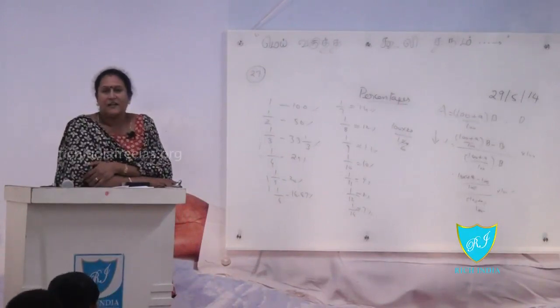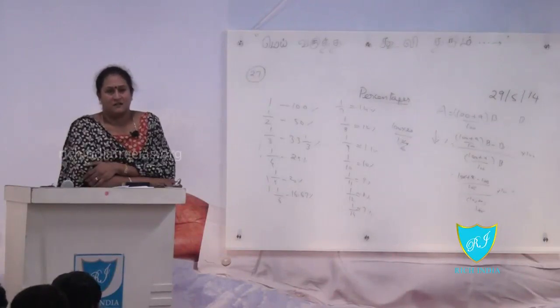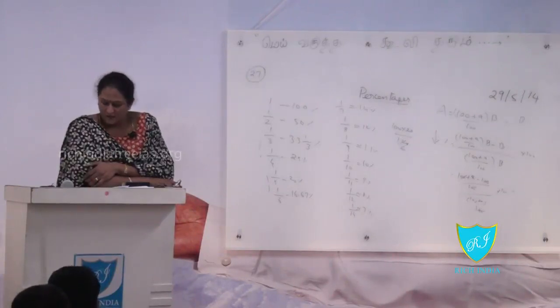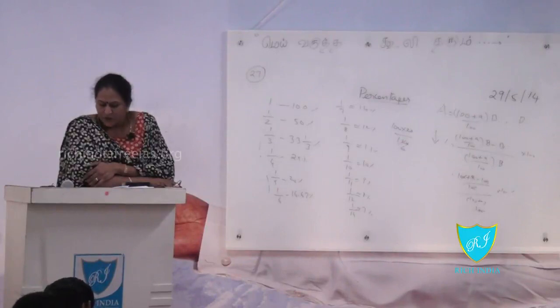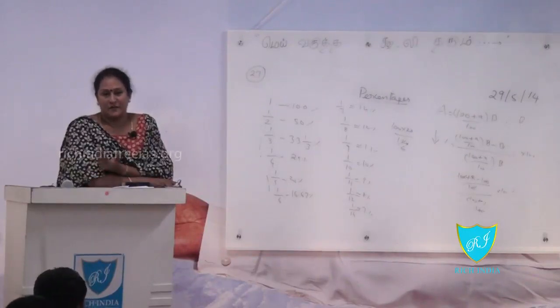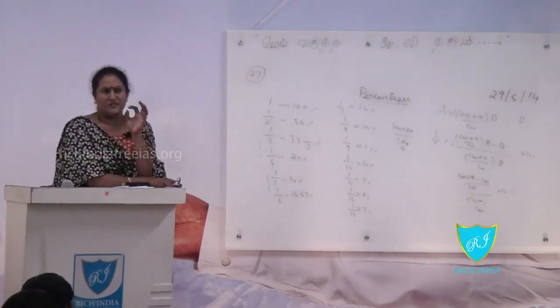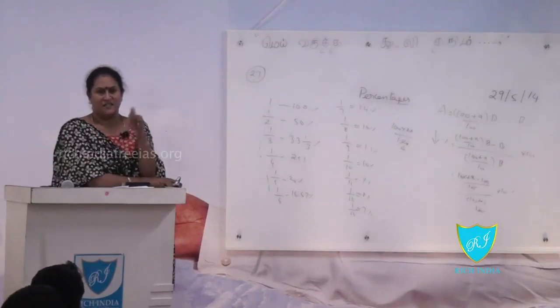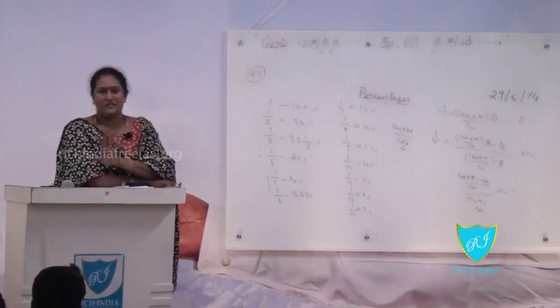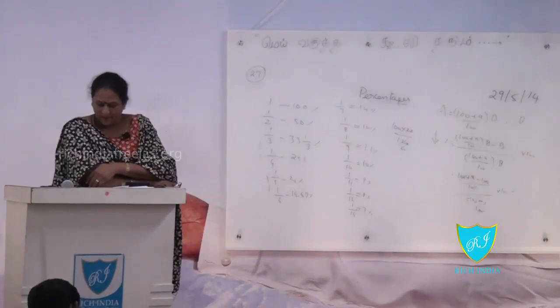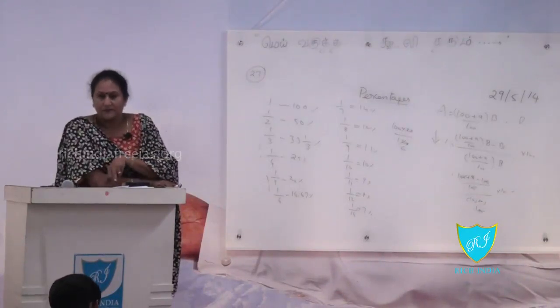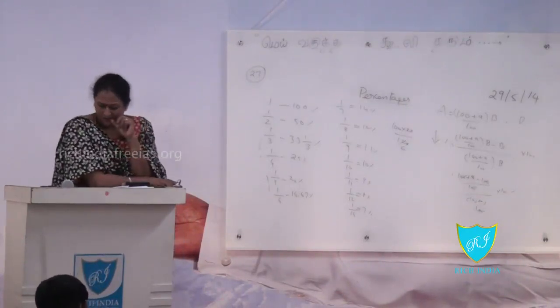And the 31st question. So he increased his rate by 25%, then too his income is same. So business எவ்ளோ கம்மி ஆச்சு? 20%. Okay. And then 32nd.